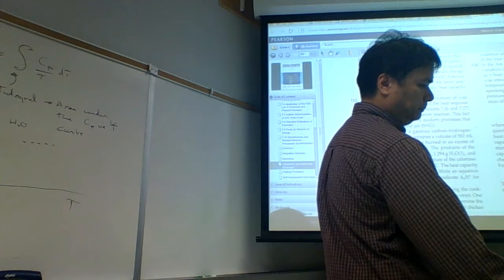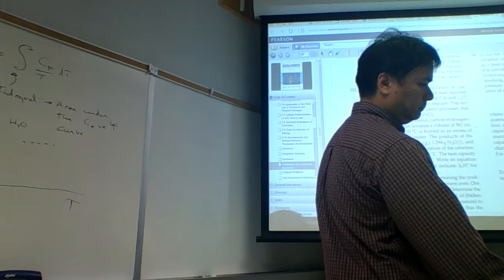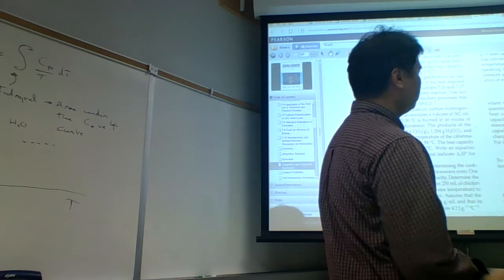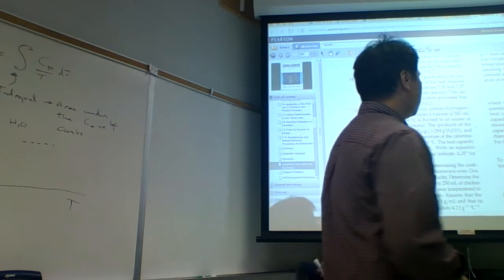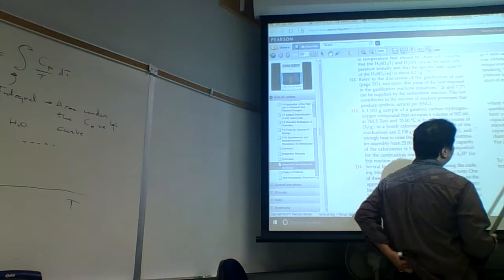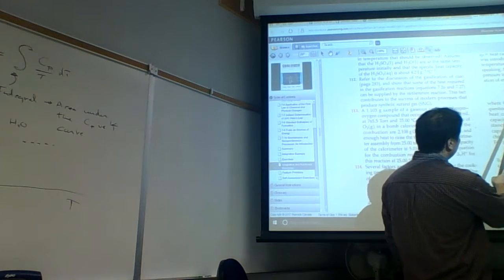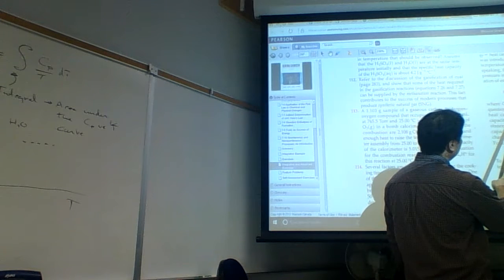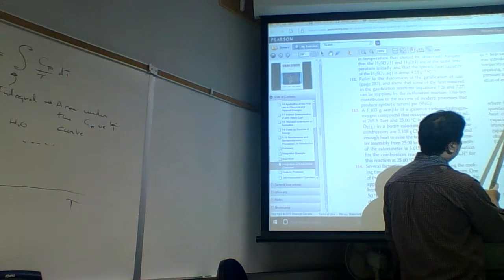Heat capacity is just the change in enthalpy over the change in temperature. This change in enthalpy is usually Q over change in temperature.